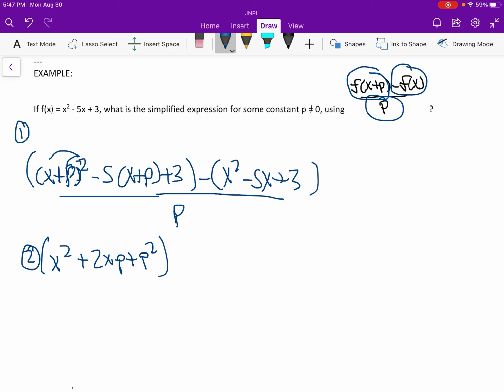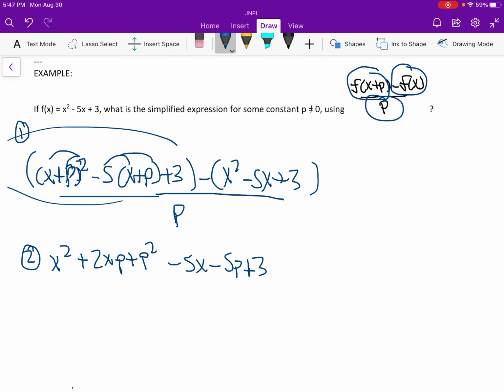So that's just this. So this, we can tell the numerator is going to be pretty long. We don't actually need these parentheses. Now we distribute this negative 5 right here, so negative 5x minus 5p. Then we have this plus 3 here. Okay, that's only this part that we did.